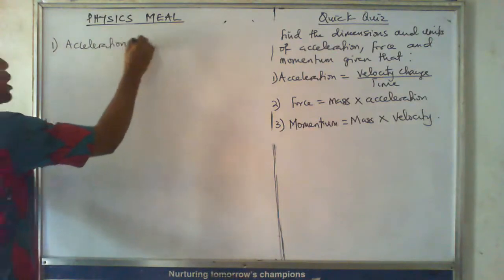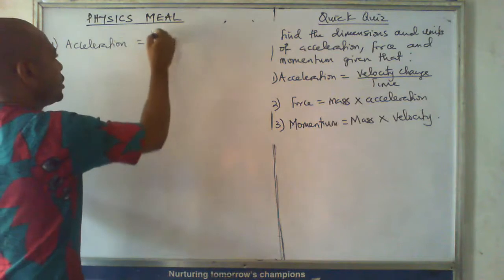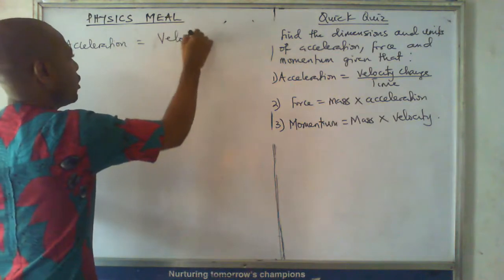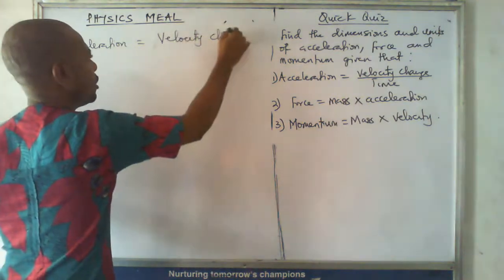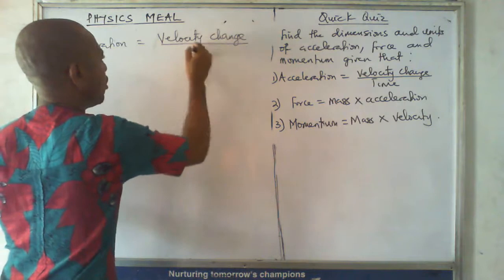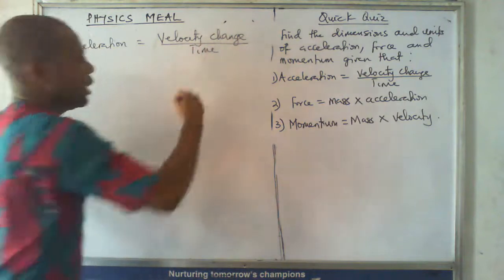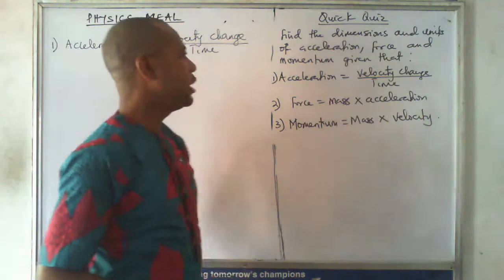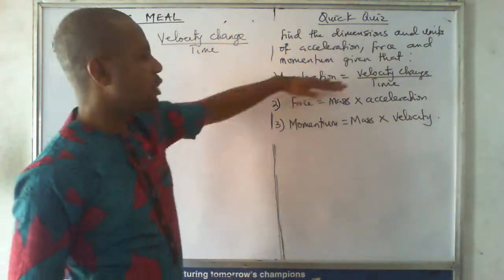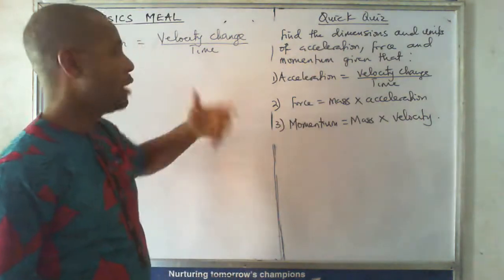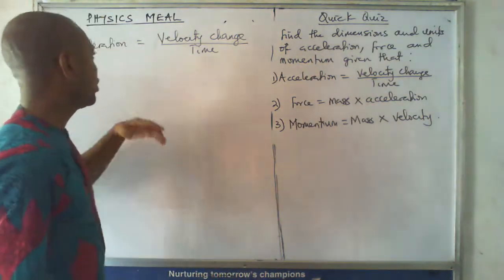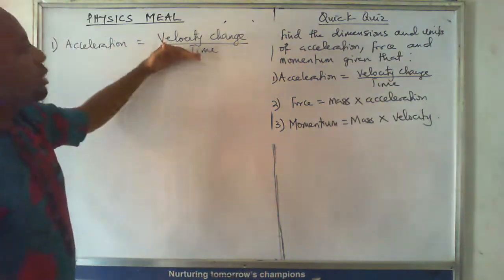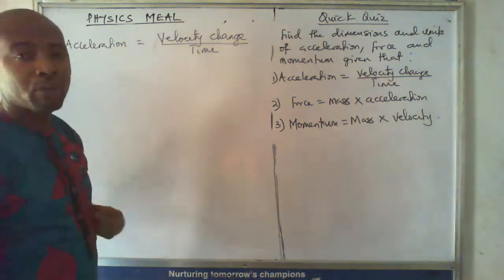And we say that acceleration is velocity change all upon time. Now we say for us to obtain the dimension and the units of a derived quantity, we have steps. The first step is that we need to write the formula for calculating that particular quantity.